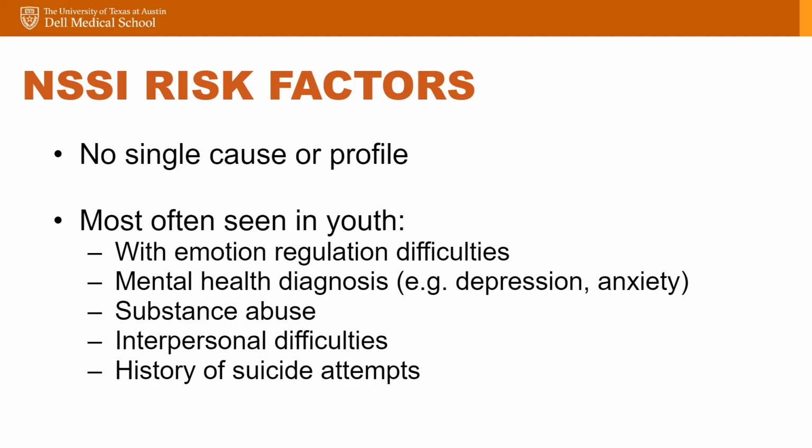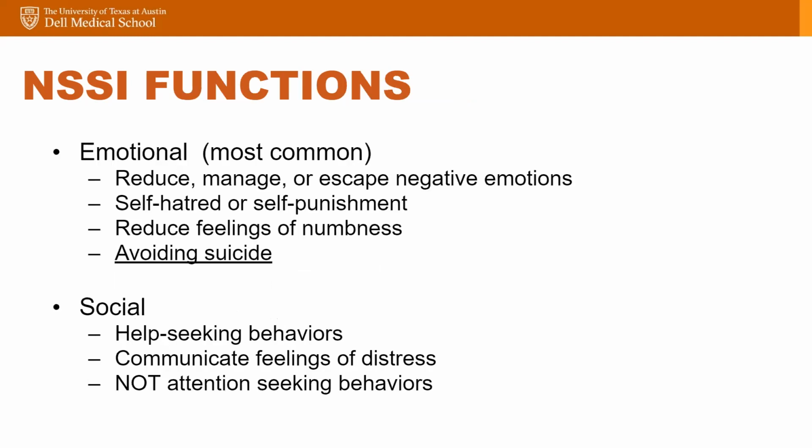Another piece to understanding youth who self-injure is knowing the reasons behind this behavior itself, or the function that NSSI serves for these youth. Many youth who self-injure struggle to specify a reason for engaging in this behavior, and others who do report a reason actually end up reporting multiple reasons that oftentimes change with time.